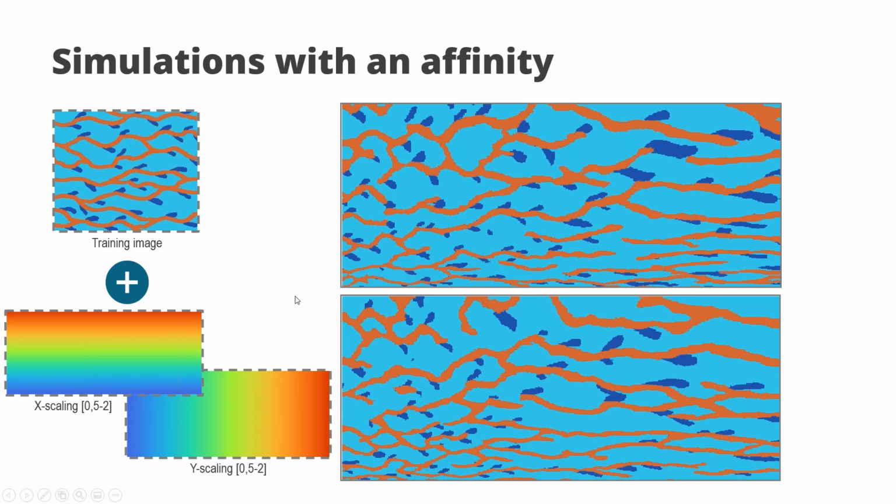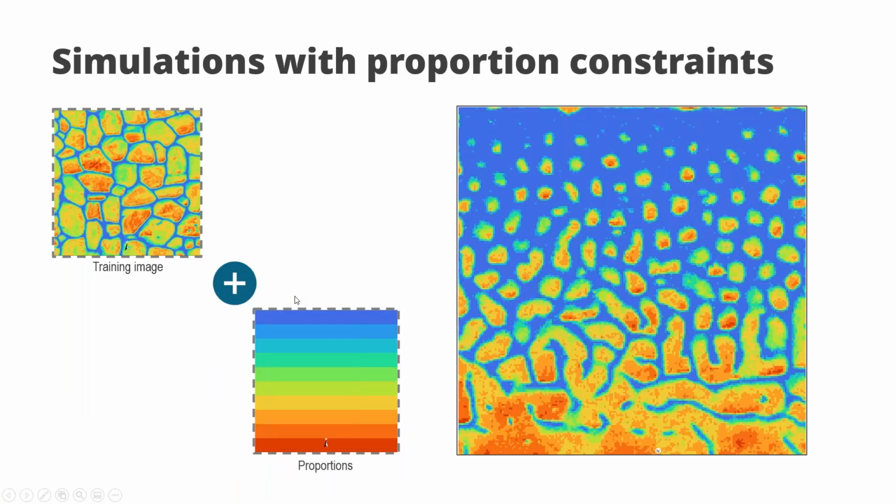Another important constraint can be the proportion. So it's another example here, where we have this type of training image. We use some proportion, and we can obtain this type of simulation.